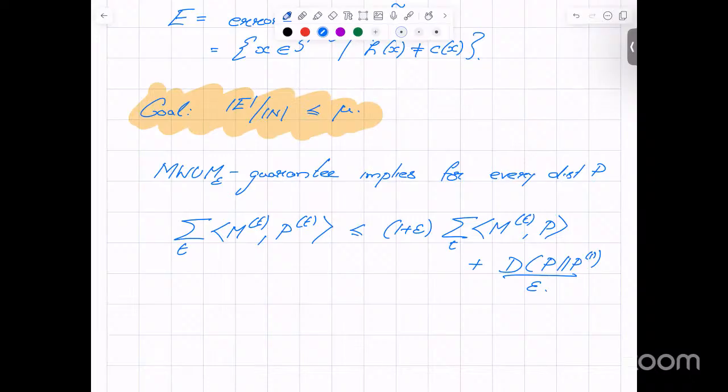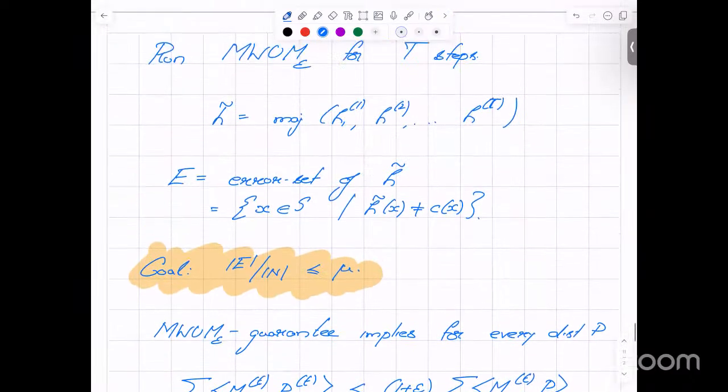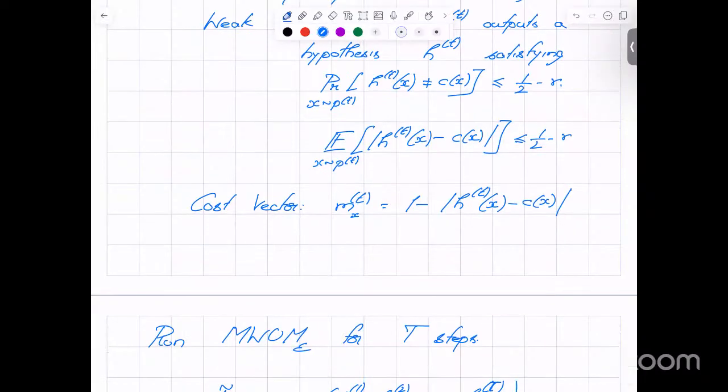Okay. Let's stare at each one of them. What is MT P? How did I define MT? PT was the distribution you used at each time step, and MT was this cost vector defined this way. So whenever you get it correct, it marks it 1, otherwise 0.